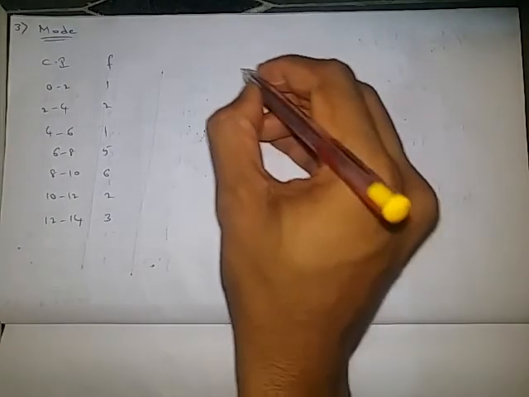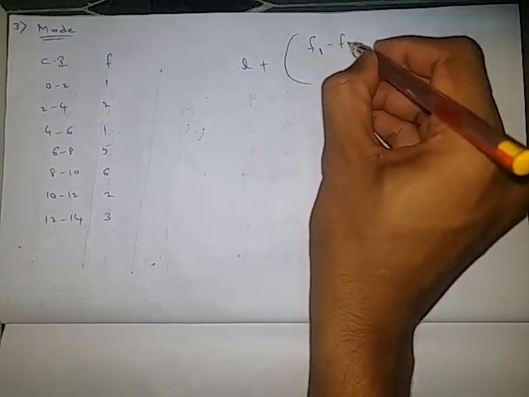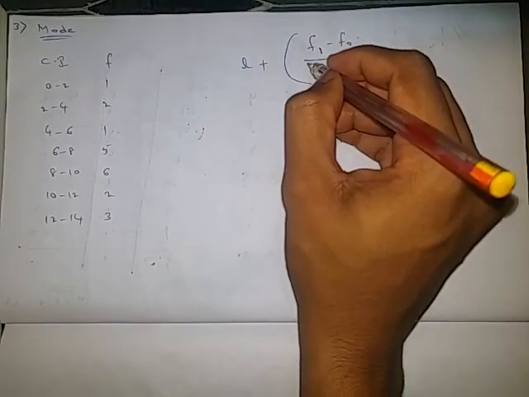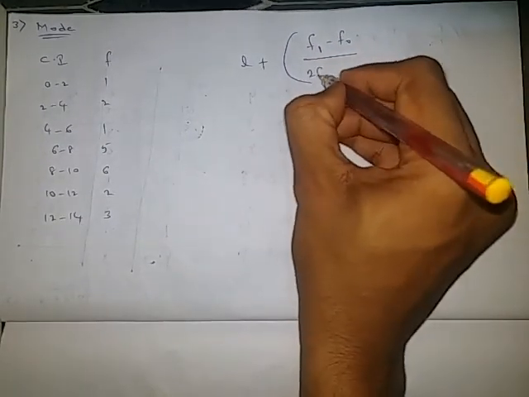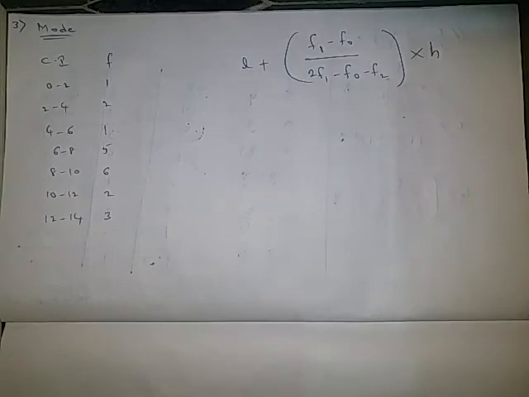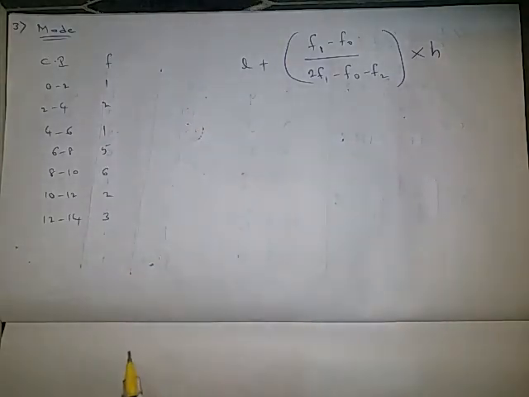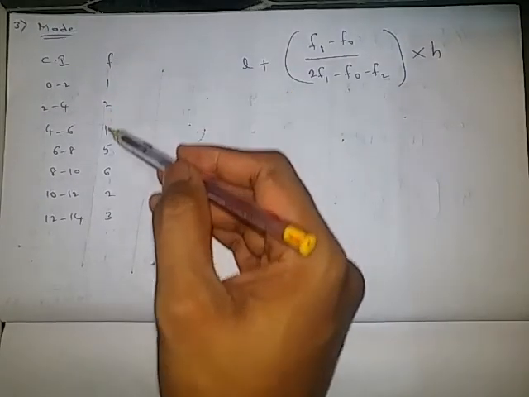So first let us check the formula of mode, that is L plus (F1 minus F0) whole divided by (2 into F1 minus F0 minus F2) into H. Now what are these F1, F0, F2? Let us check once. The name itself indicates mode, most frequently occurring data. So just check which is the biggest number in the frequency. The biggest number in the frequency is 6.